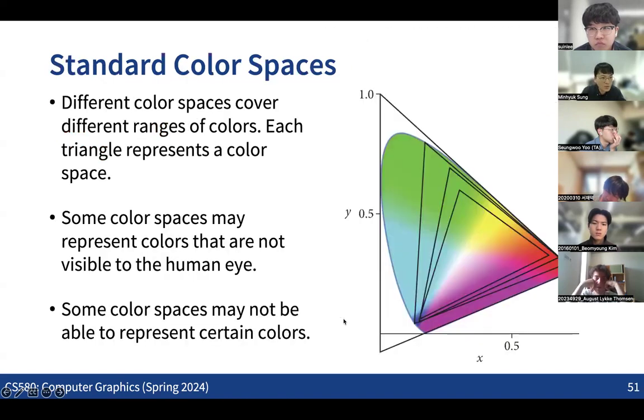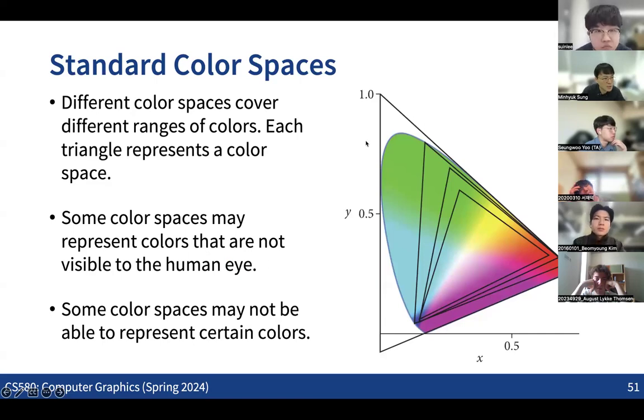And one final remark is that different color spaces also cover different ranges of color, which means that some color spaces have a larger range than the colors that are visible to human eyes.